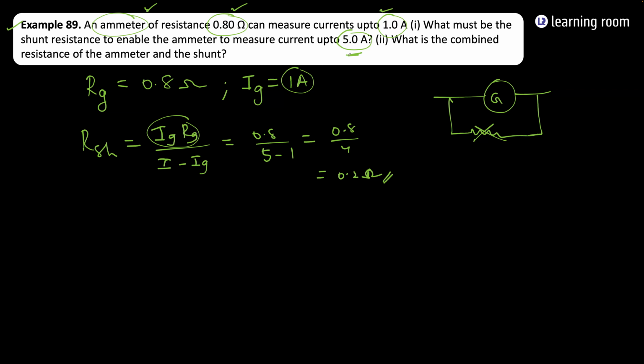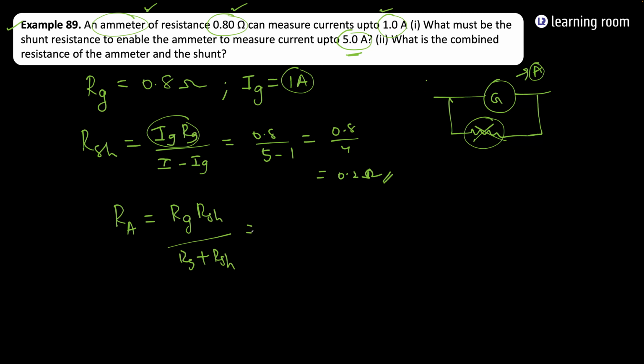Now, what is the combined resistance of the ammeter and the shunt? Okay, I'm sorry. See, this is the ammeter. He's right. This is the ammeter, no? Because the ammeter is approximated to the galvanometer, which is what is considered to be the ammeter. And this is a shunt resistance. Since they both are connected in parallel, what is going to be the combined effect? Ra will be equal to Rg into R shunt divided by Rg plus R shunt.